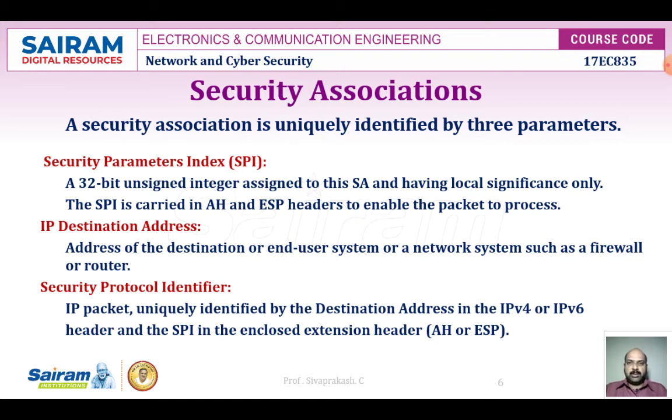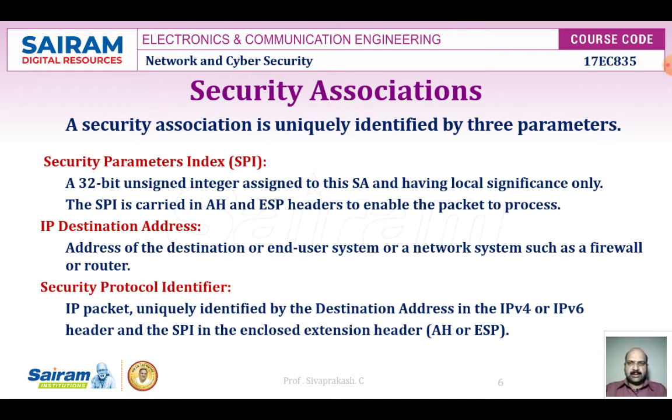Hence, in any IP packet, the security association is uniquely identified by the destination address in the IP version 4 as well as version 6 headers, and the security parameter index in the enclosed extension header, either an authentication header or an encapsulating security payload header.